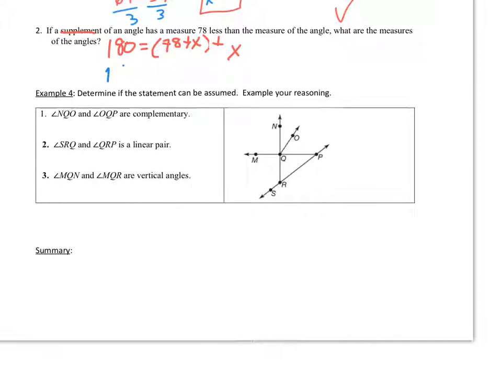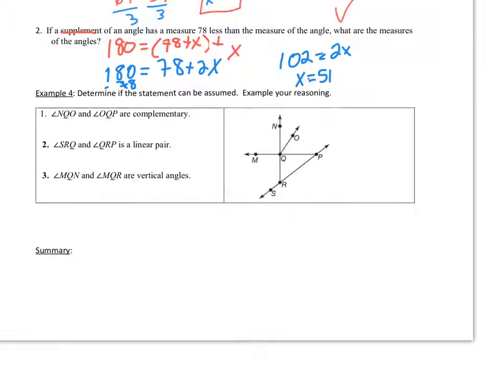So I'm going to combine like terms. So I've got 78 plus 2x. If I subtract 78 on both sides, that is a terrible looking 7, I apologize, I would end up with 102 is equal to 2x, or x is equal to 51 degrees.